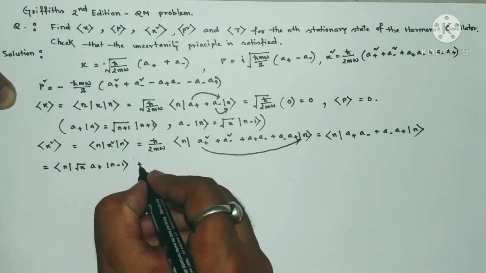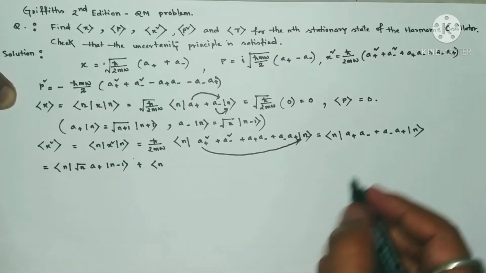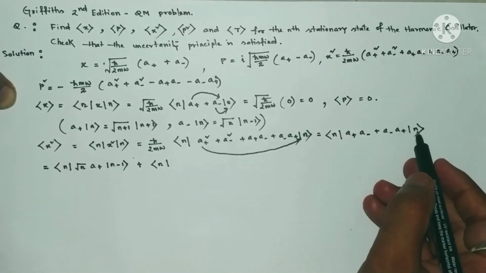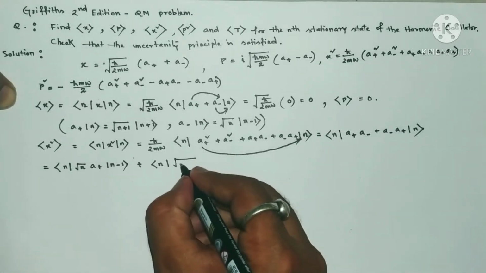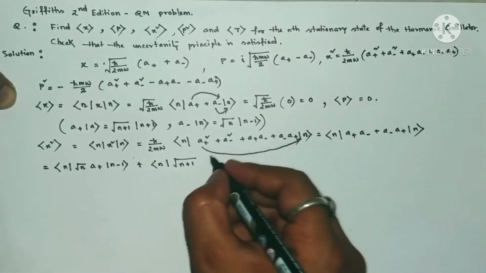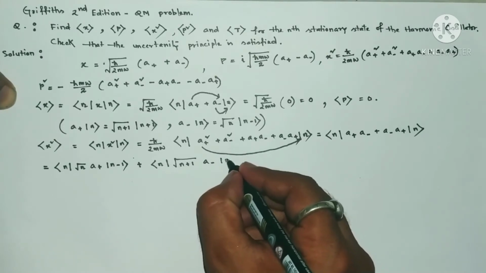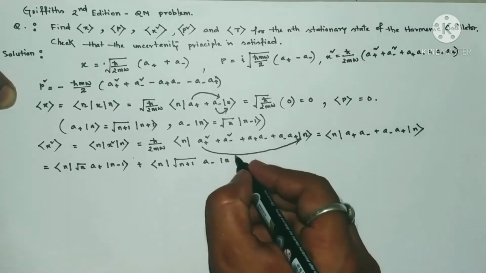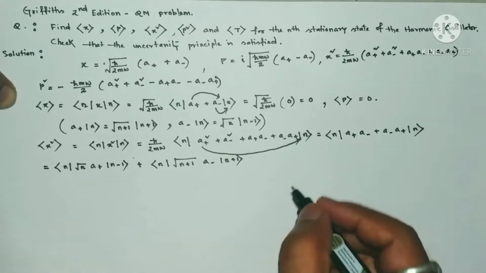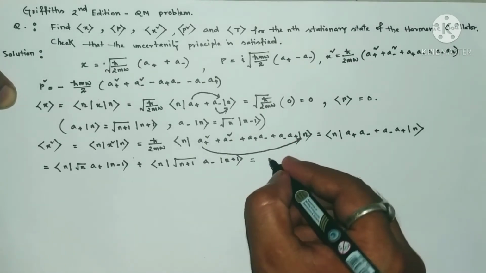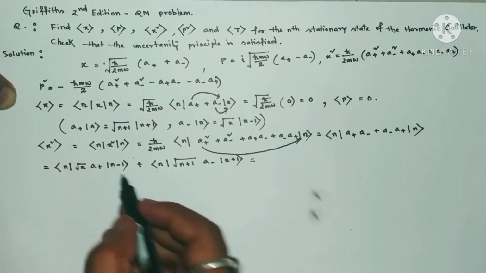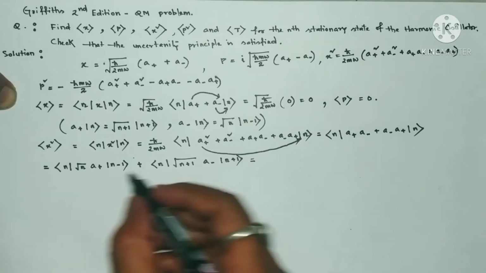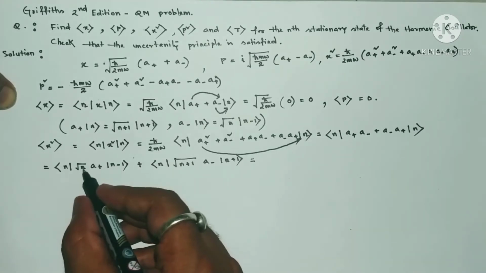Similarly, plus bra n, we will break these two. Now a plus will be operating on n, we will be getting under root n plus 1, and then we have a minus operating on n plus 1. So here when a plus operates on n plus 1, this term will be getting under root n, so under root n times under root n will be n.